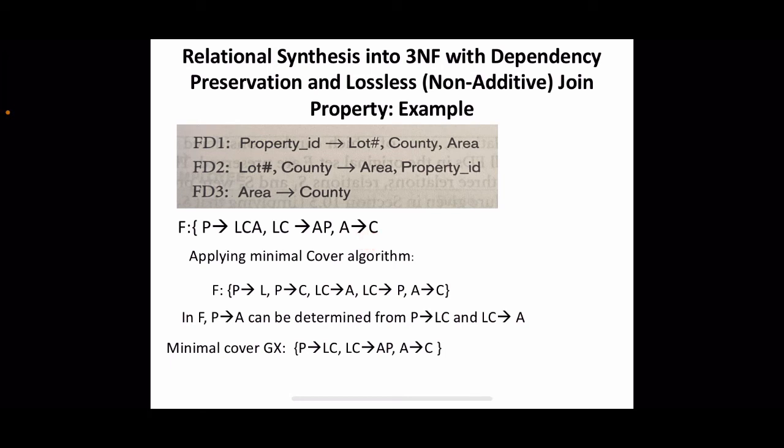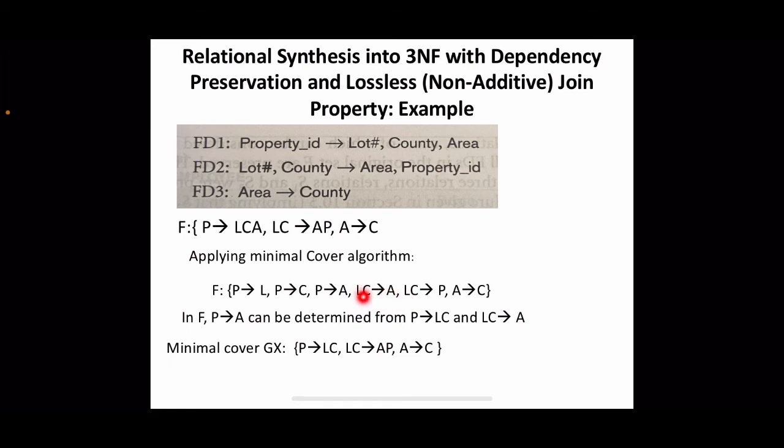So coming to the algorithm, first step is finding the minimal cover. We have to refer to the earlier algorithm to find the minimal cover. And when we apply this minimal cover algorithm, we will get this set of functional dependencies: P determines L, C, A; LC determines A, P; A determines C. If we go through these functional dependencies, we can observe that P determines A can be inferred from other dependencies, like P determines LC is there and LC determines A is there.